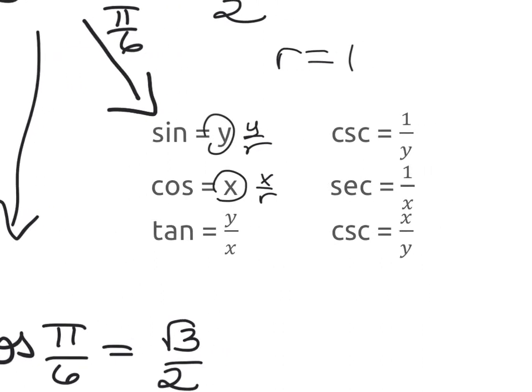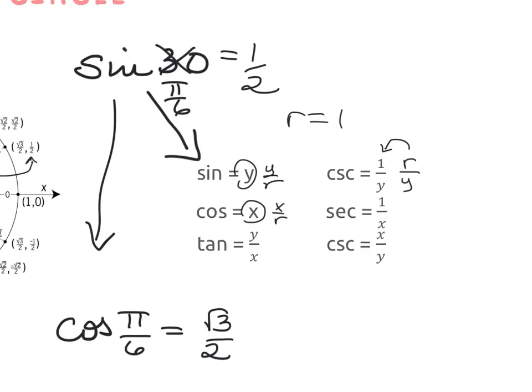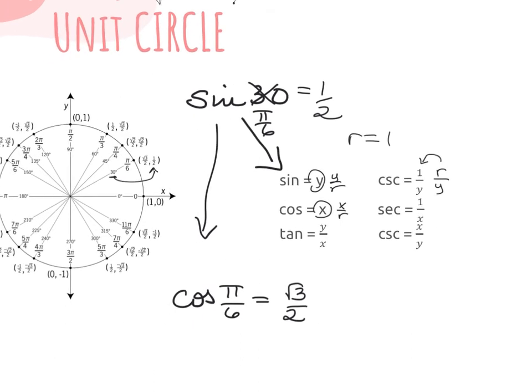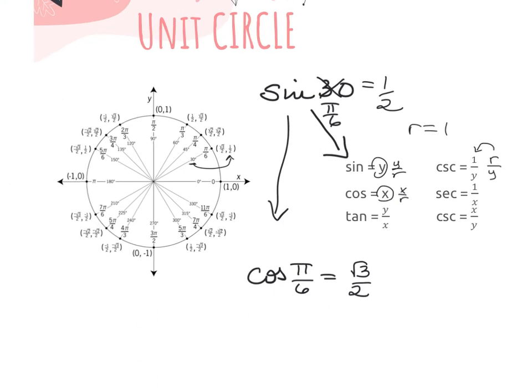This normally would have been r over y, but your r equals 1. So they're simplifying it a little bit, and as long as you know the ordered pairs associated with each angle, it makes answering these questions so much easier. And I'm going to show you a relationship between all of the angles and all of the ordered pairs. It's a pattern, and it's not that bad to memorize.